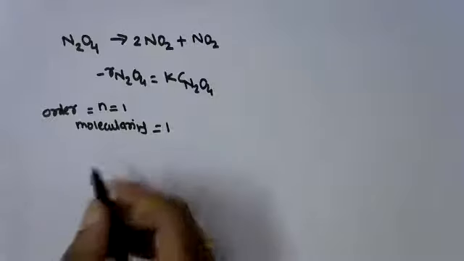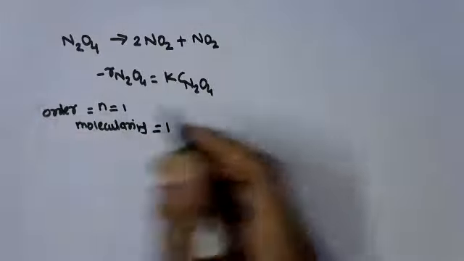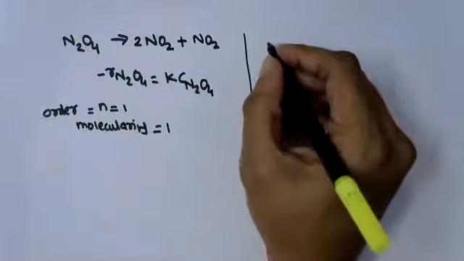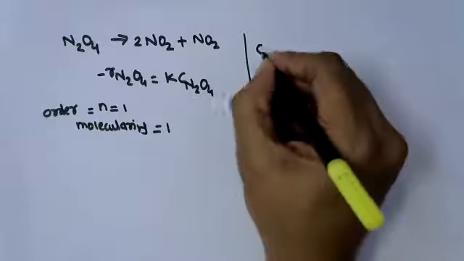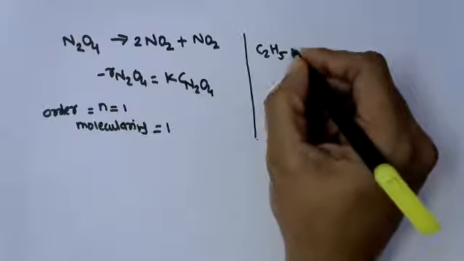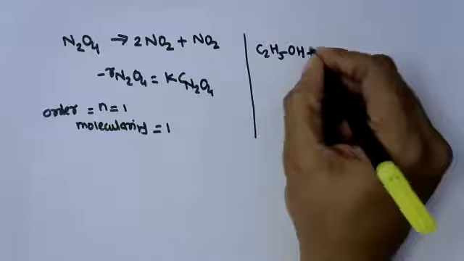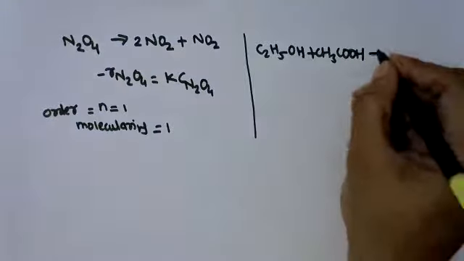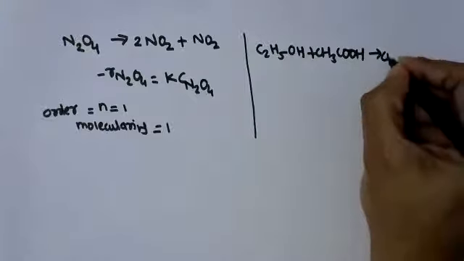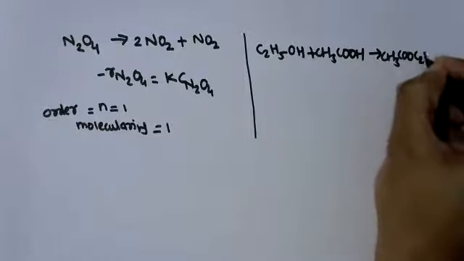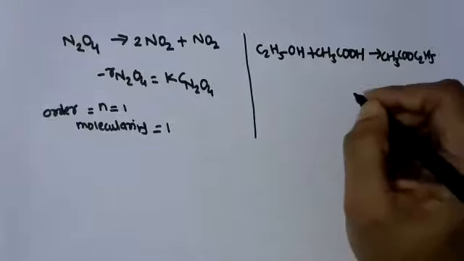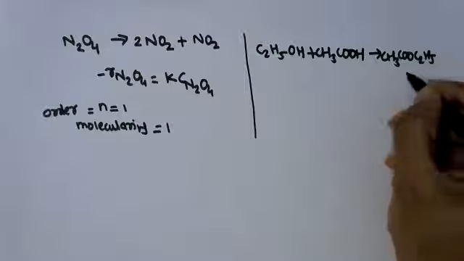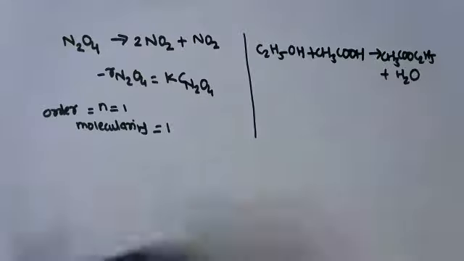Another example of elementary reaction is C2H5OH plus CH3COOH gives CH3COOC2H5 plus H2O.